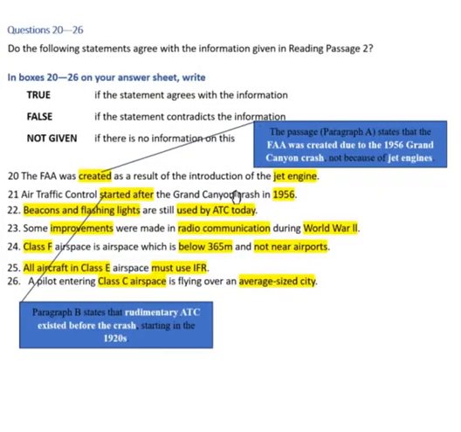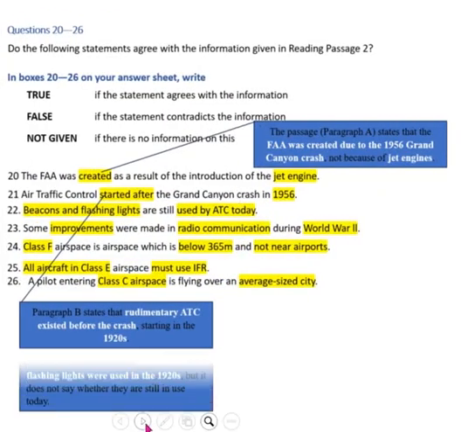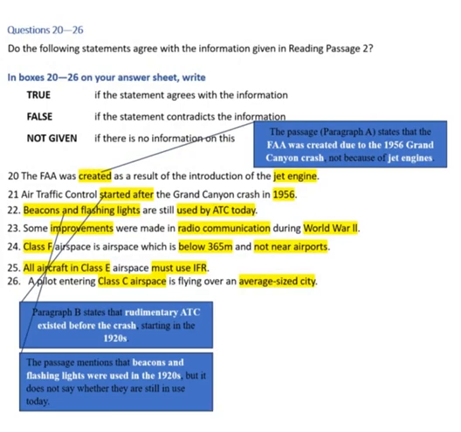The passage mentions that beacons and flashing lights were used in the 1920s, but it never says anything about whether they are still in use today. Since it doesn't say anything about whether they are still in use today, what do you think that suggests? Does it suggest the statement is false, or that there is no information on the statement?